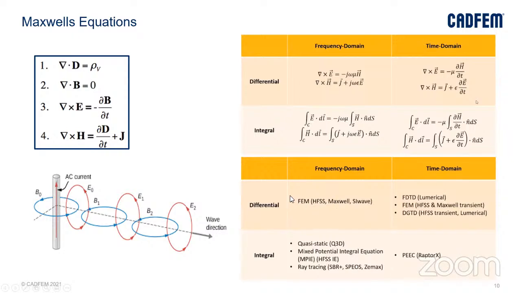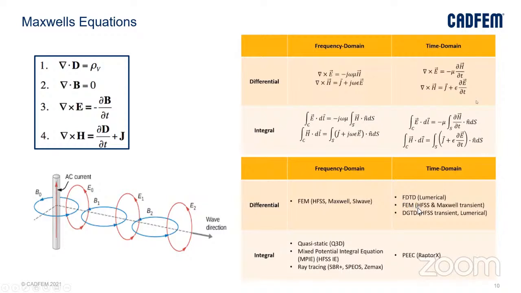If we check the different tools, HFSS, SIwave, and Maxwell use a frequency domain differential form, and some of the other well-known tools go with FDTD, which is another technique.